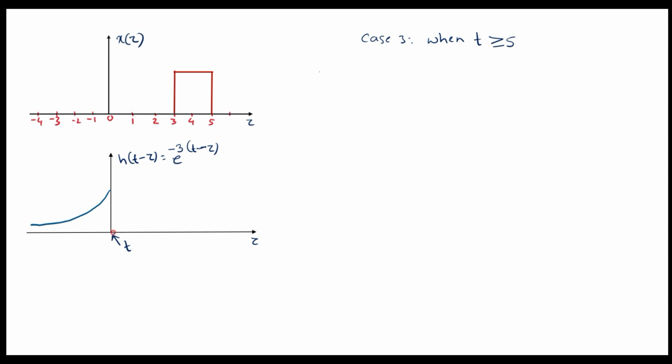Now we are supposed to shift this h of t minus tau signal towards the right such that this t point should cross 5, that is t should be greater than or equal to 5. Now I will show it by overlapping the h of t minus tau signal on the x of tau signal.